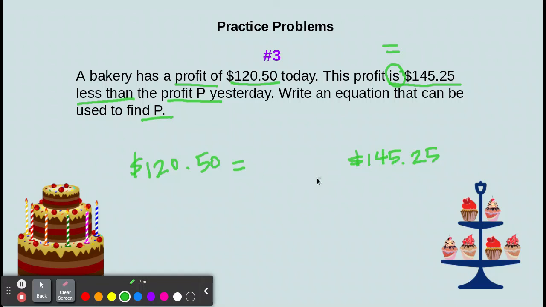What does less than mean? That goes here, and here's your profit P. So what goes in there? Less than. So finish the equation and check it with what you wrote in your practice problem sheet, and you're done.